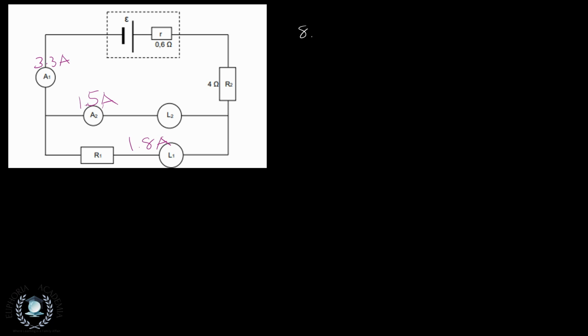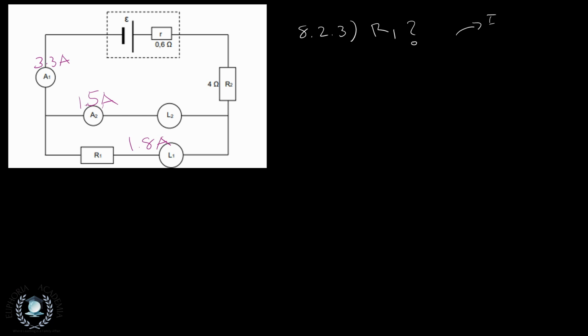For question 8.2.3, we're asked to find the resistance of R1, so we need to find what value R1 possesses. We know the current through these branches. I just like stating the things that we do know.